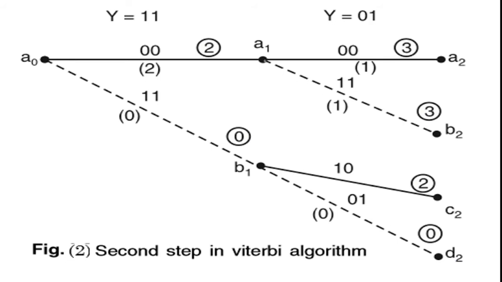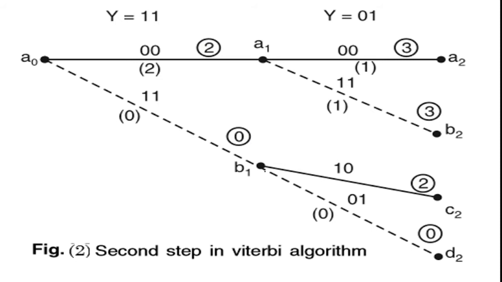So now here A1, the initial state, is 0 0, and a solid line represents message bit 0 is to be transmitted, and dashed lines represent message bit 1 is to be transmitted. So from this initial state 0 0, so A1 to A2 the encoded signal is 0 0, and A1 to B2 the encoded signal is 1 1.